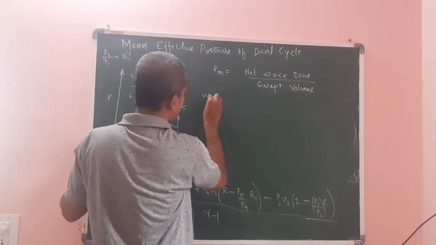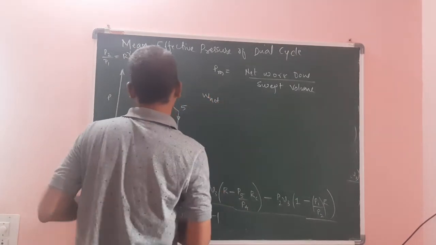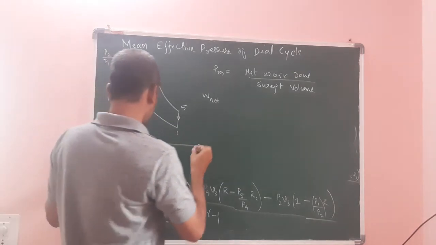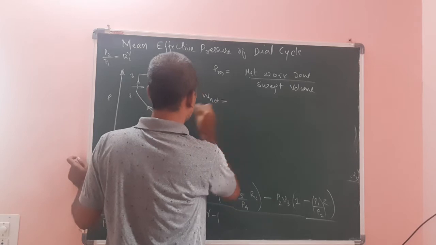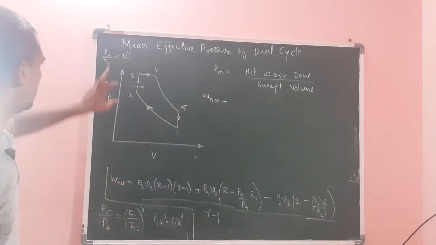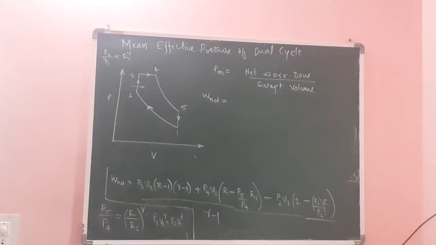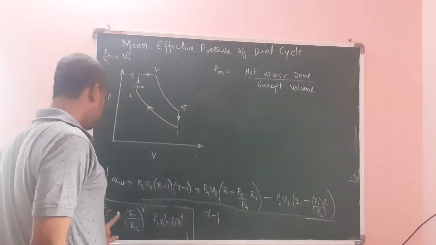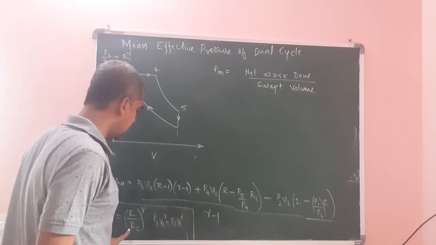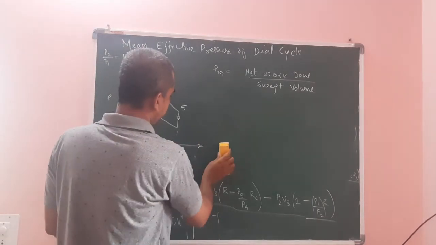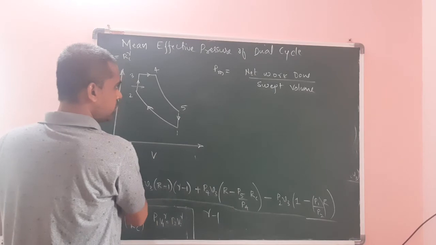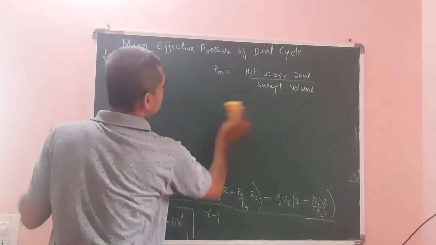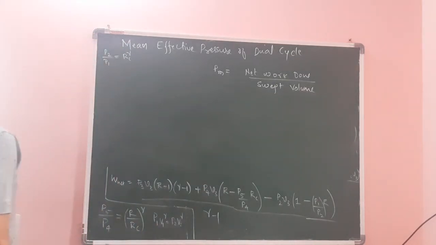Now W net is equal to, we will substitute this one. We will substitute P2 by P1 is equal to RC raised to gamma, and P5 by P4 is equal to R divided by RC raised to gamma. I think I will rub this one also because a bigger expression will be there, and therefore I need more space.